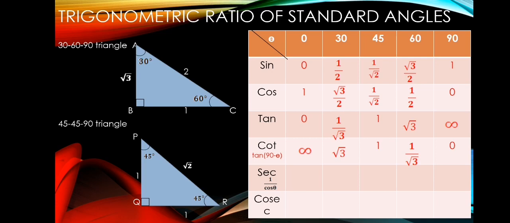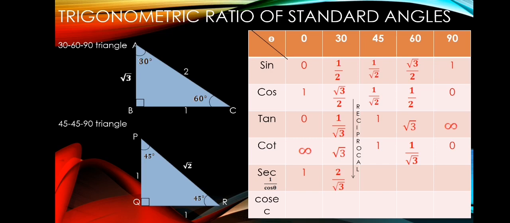Now next function is sec theta. We have learned this formula that sec theta is equal to 1 upon cos theta, that is reciprocal of the cos values. Over here if we start with theta is equal to 0, sec 0 will be 1 upon cos 0, which is 1. Sec 30 will be reciprocal of cos 30, that is 2 upon root 3.